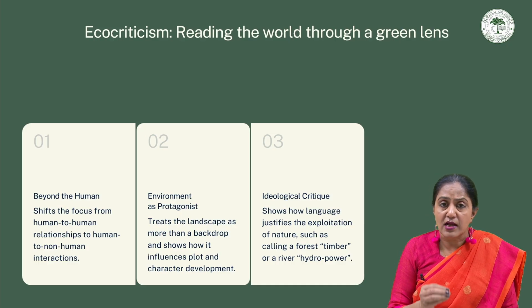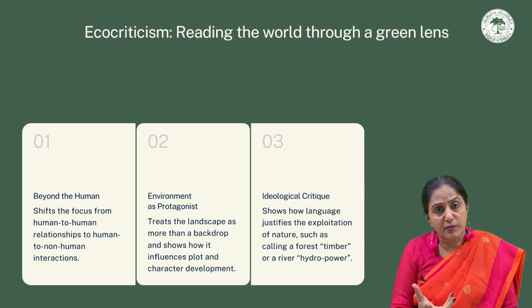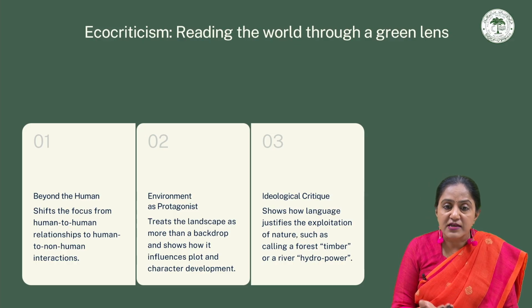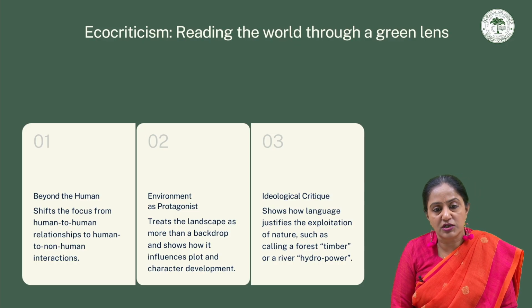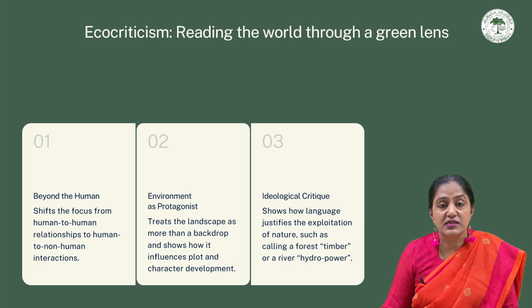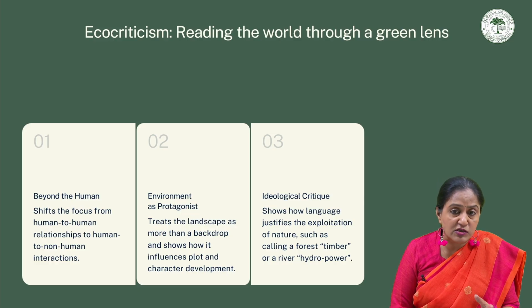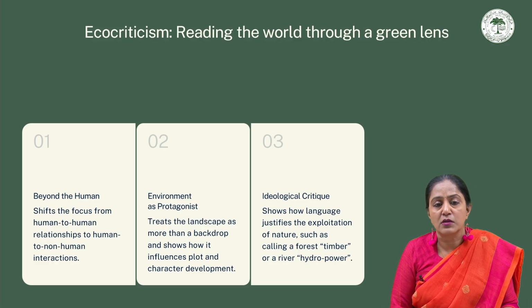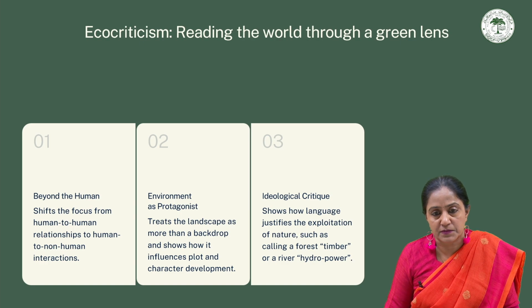So eco-critics ask this question, but what about nature? Where is the environment in our literary interpretations? How do texts shape ecological consciousness? Eco-criticism shifts attention from exclusively human concerns towards more than human relationships.